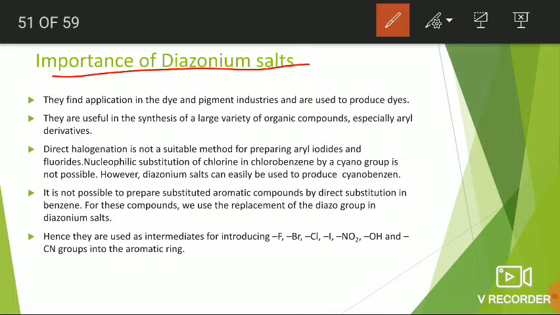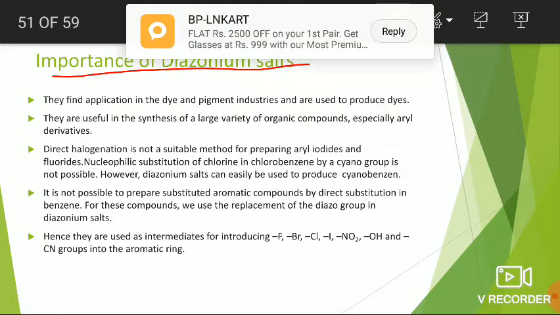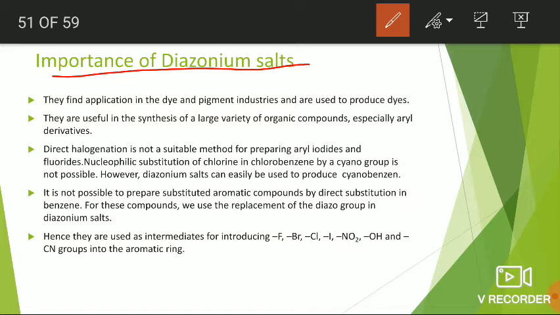As we discussed in our previous video, that is in part 4 of amines, I explained the diazotization and coupling reactions of diazonium salts. Due to the diazotization reaction, primary amines, mainly the aromatic primary amines, are converted into diazonium salts.